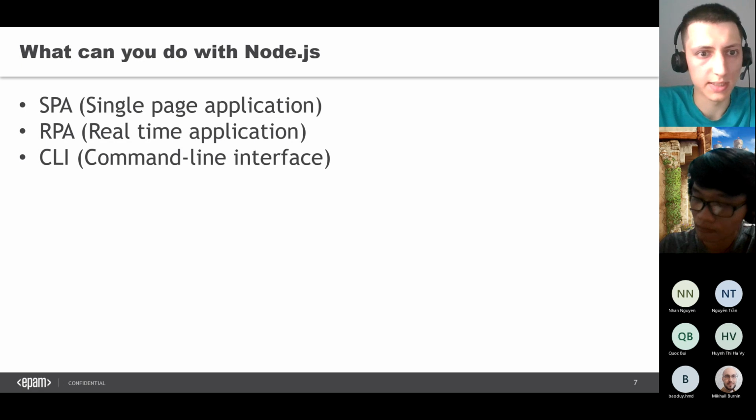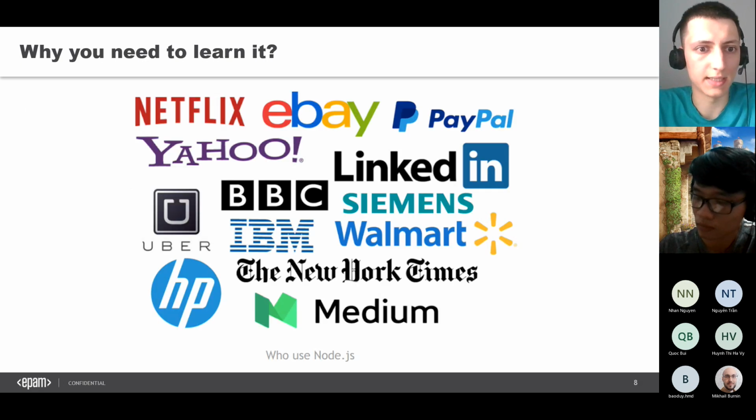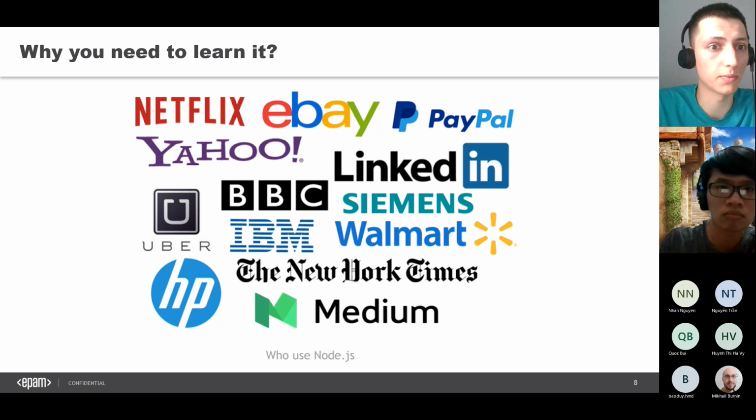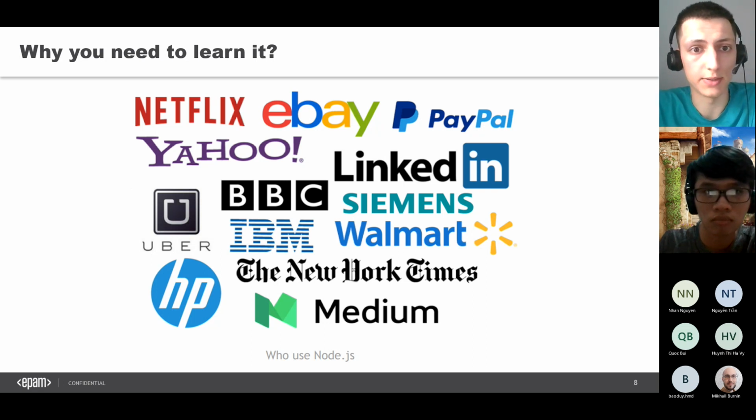In the next slide, you can see the companies that use Node.js under the hood. For example, Netflix and PayPal are the most popular ones who decided to use Node.js on the backend, and some more, for example, LinkedIn. They're a big site that uses Node.js.